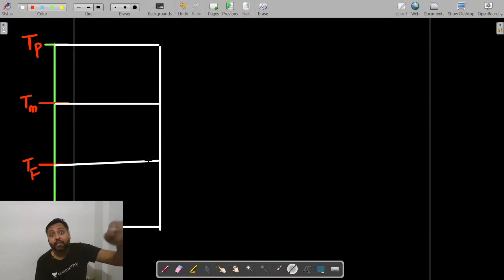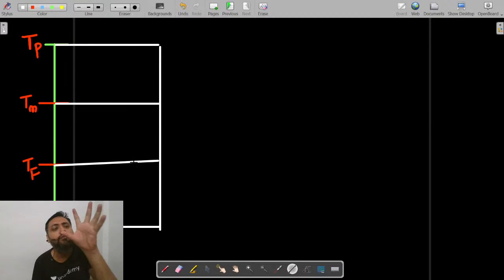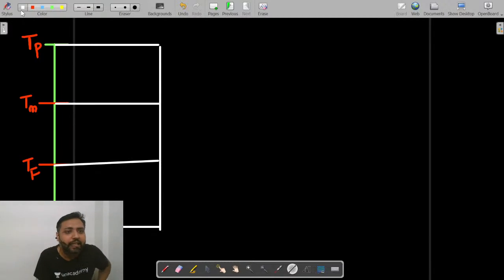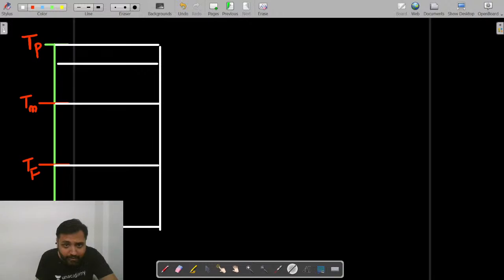The liquid metal will undergo some amount of contraction, and that contraction is what we also name as shrinkage. This is the first stage of shrinkage.